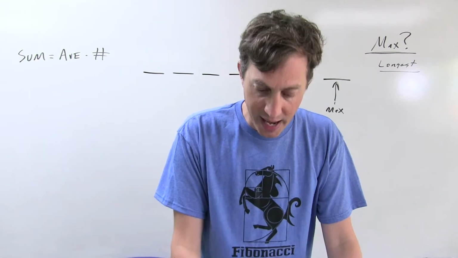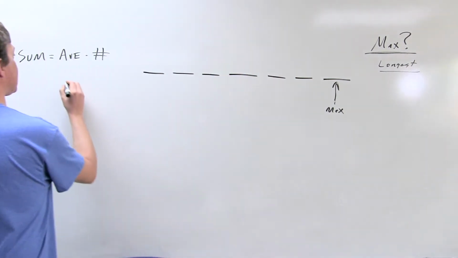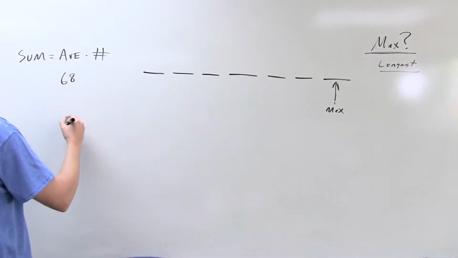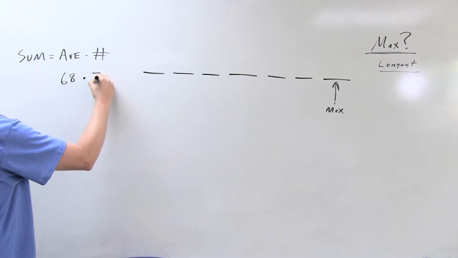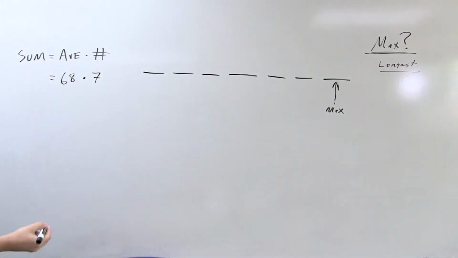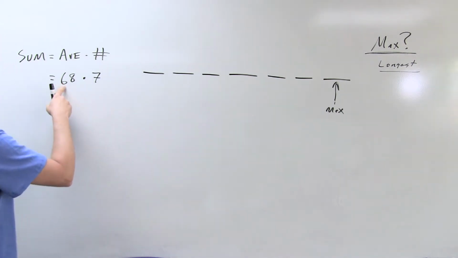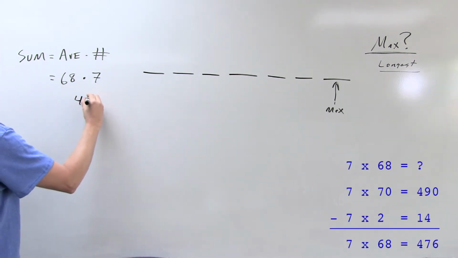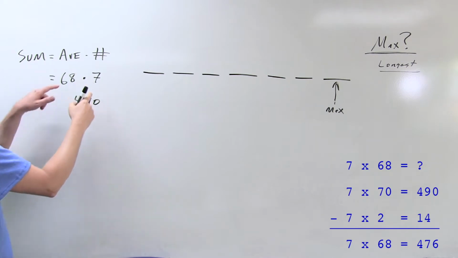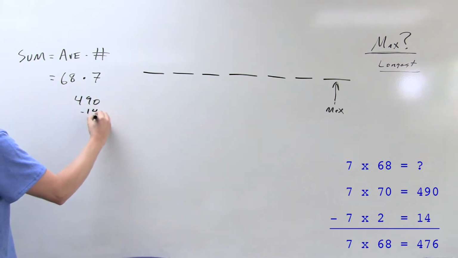So when I hear average length of 68 centimeters, I think, cool, 68 centimeters average, and hey, I already know the number, there are 7 of these, that means I know the sum, I can figure it out. Lots of good ways to do this. Here's the one I would do. 70 times 7 would be 490, and then I just need to take away 2 times 7, minus 14.